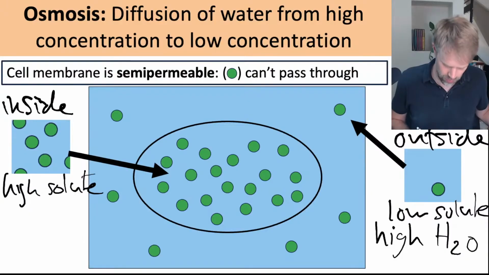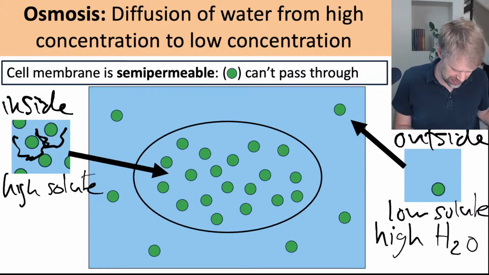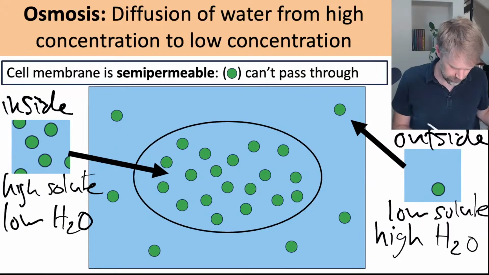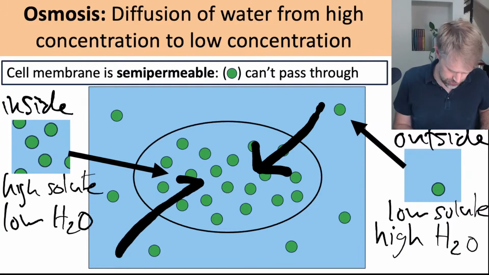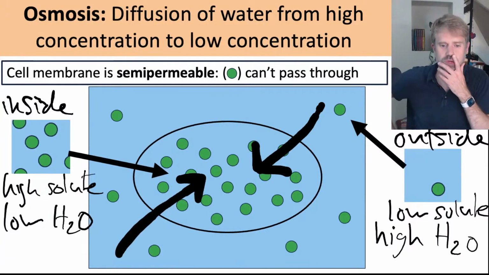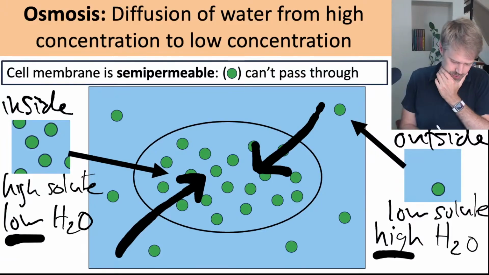There is a lot of water there. How about over here? There is far less blue. There's far less water. So we have a low water concentration. In which direction is the water going to want to move? It's going to want to move from high water concentration to low water concentration.